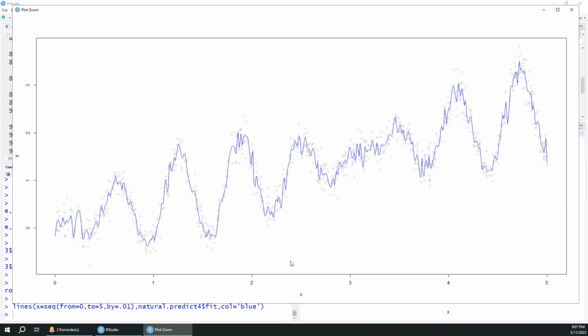Okay. So natural splines are a technique that is commonly used. And this is a great way to very easily fit a highly non-linear set of data.